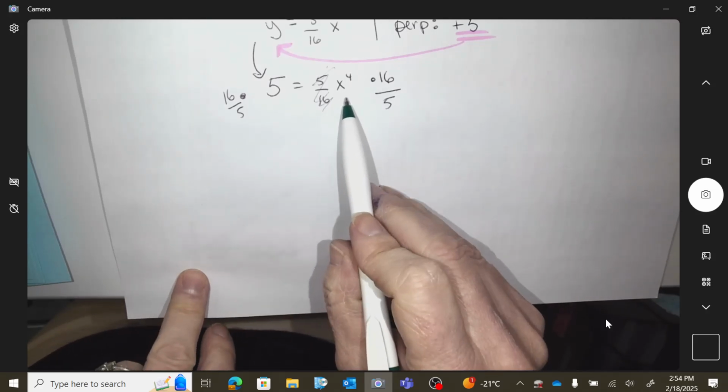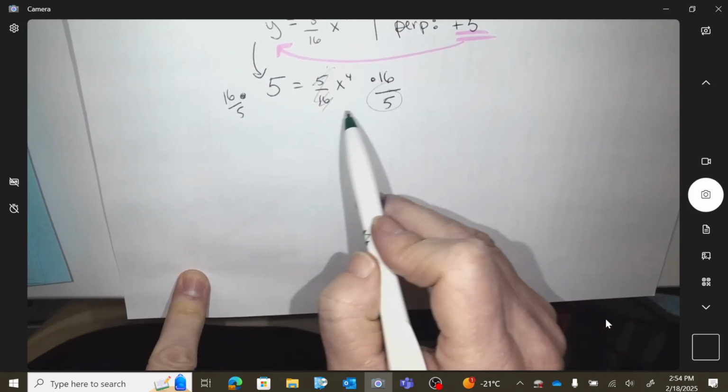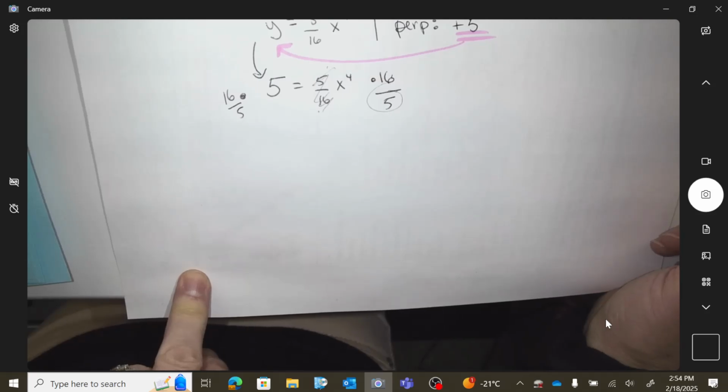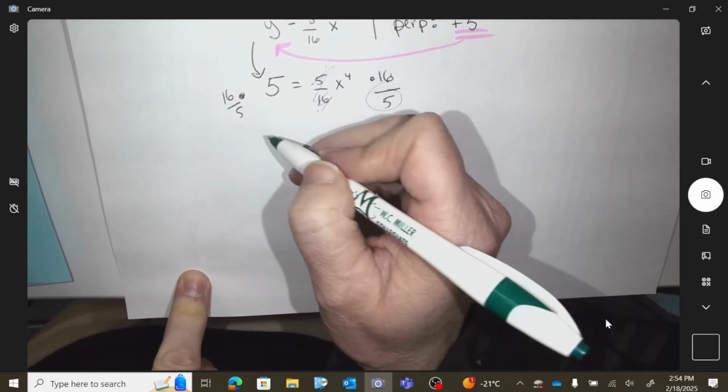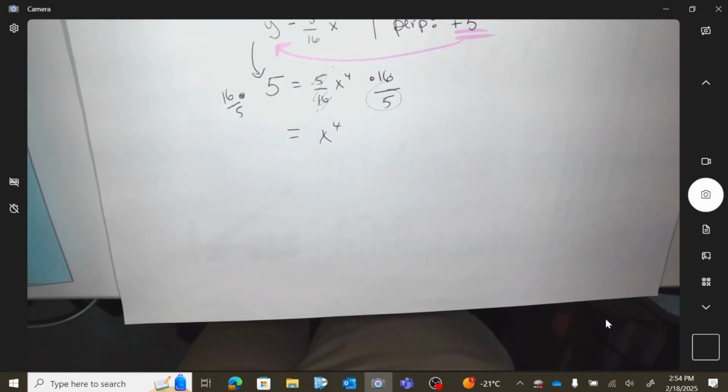I want x stuff alone. So how do you get rid of this 5? Divide by 5. How do you get rid of this 16? Times by 16. Boom. Alone.